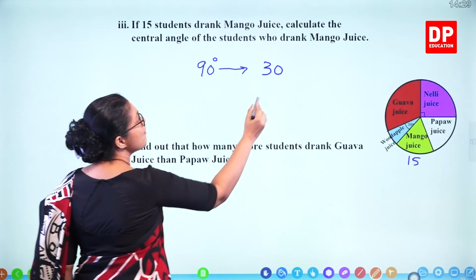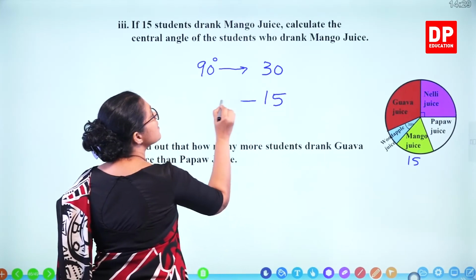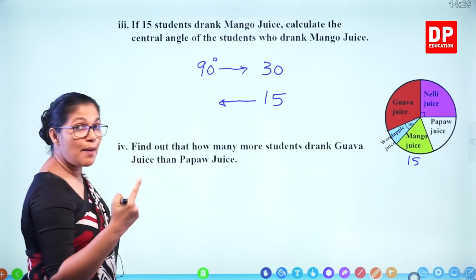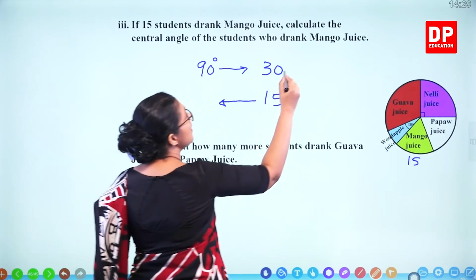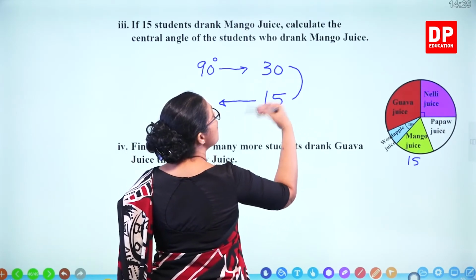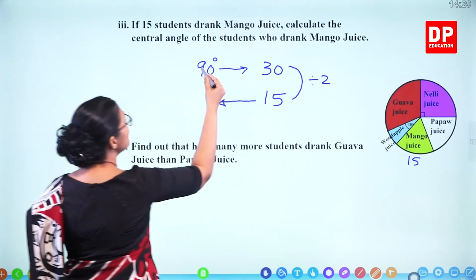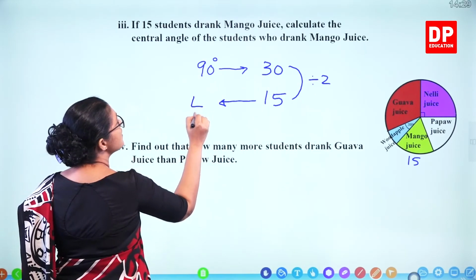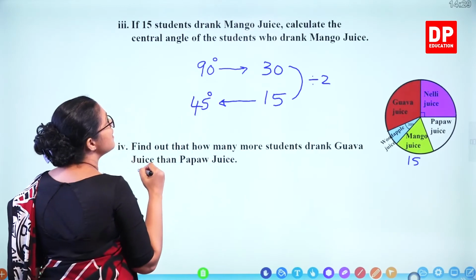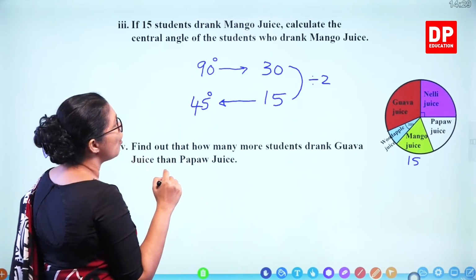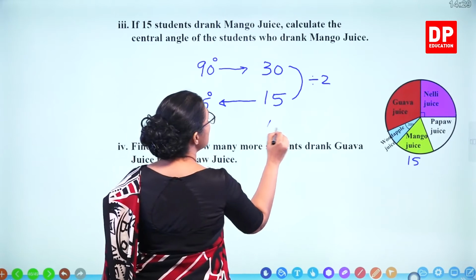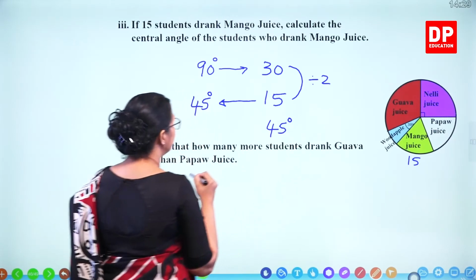Now they are asking if this is 15, what's the angle? So 30 becomes 15, half of it, divide by 2. So you have to divide 90 by 2, that's 45 degrees. So the angle for mango juice is 45 degrees.